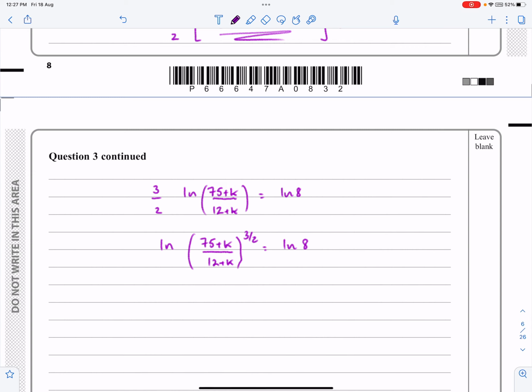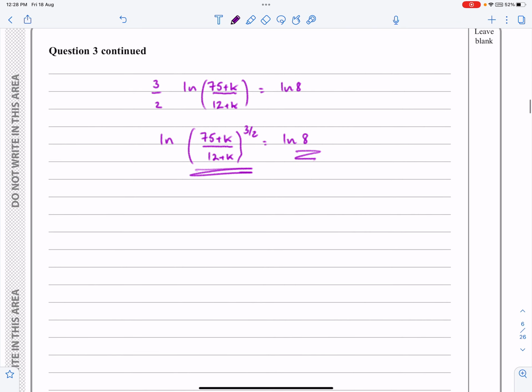But the whole point about doing that was so I can get log of something is equal to log of something. Then I can just get (75 plus k) over (12 plus k), all to the 3 over 2, is equal to 8.